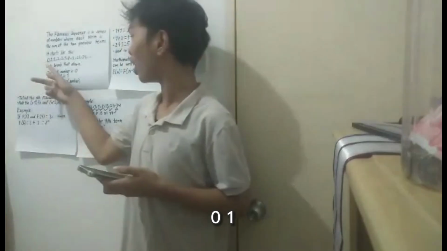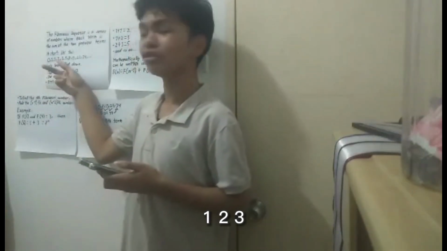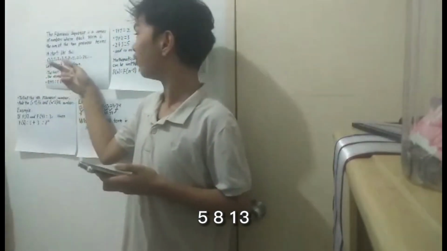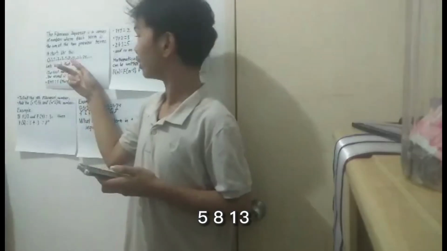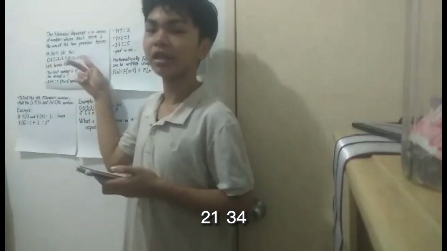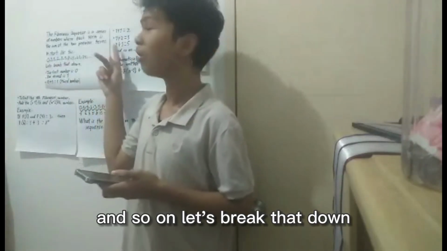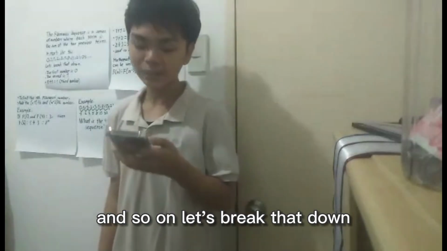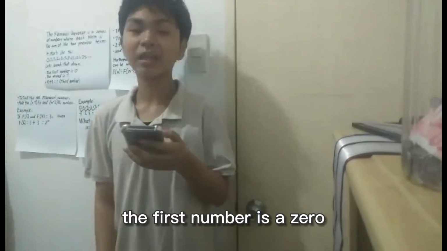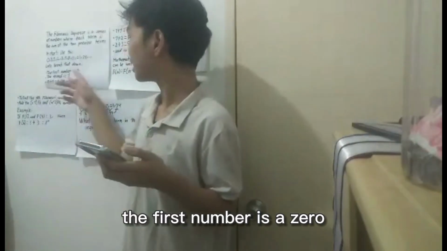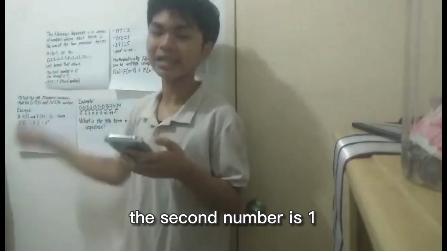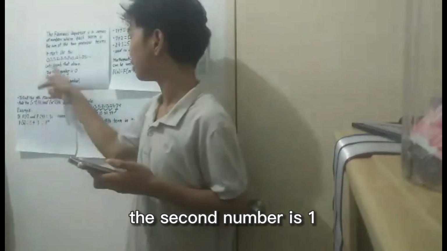0, 1, 1, 2, 3, 5, 8, 13, 21, 34, and so on. Let's break that down. The first number is 0. The second number is 1.